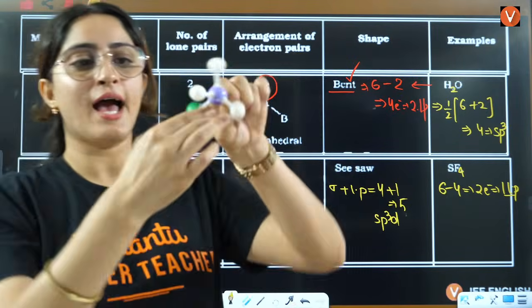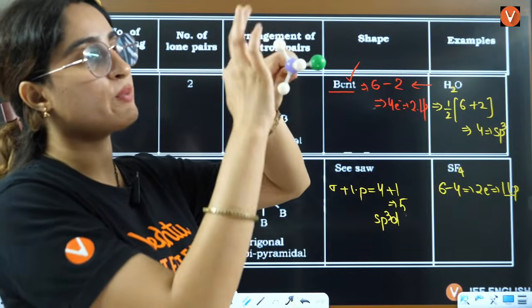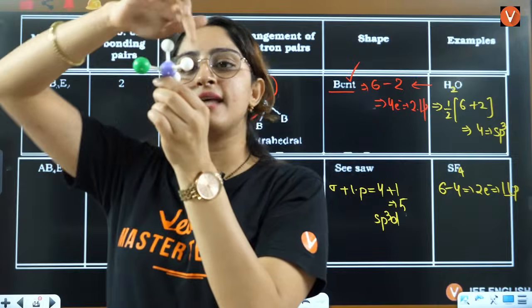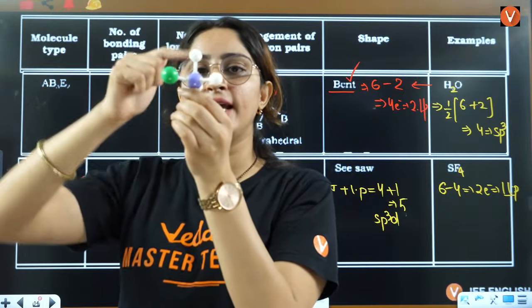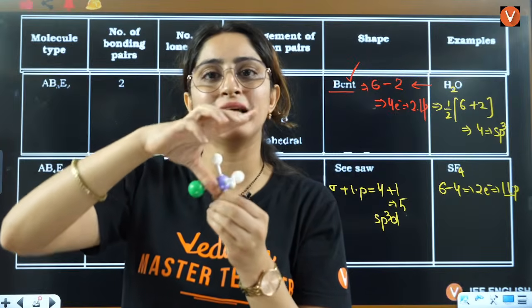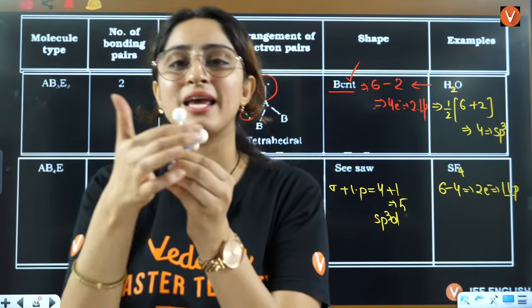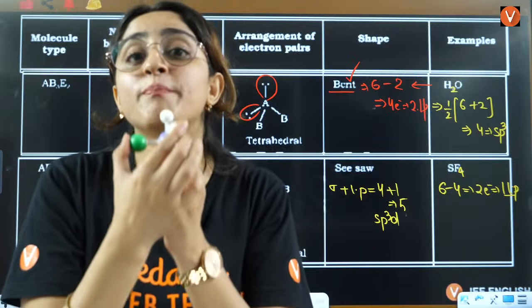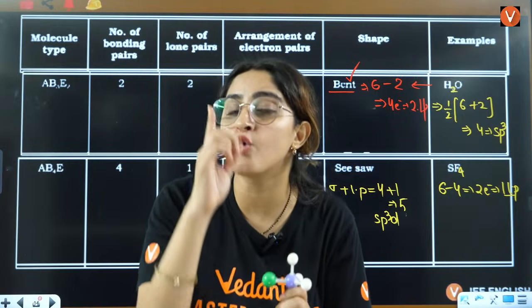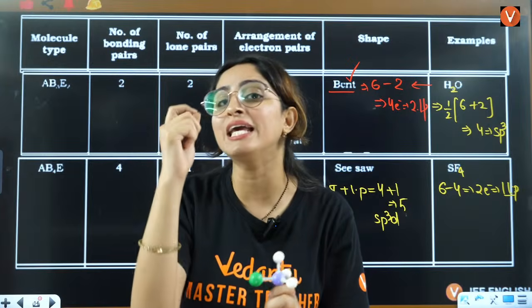This has 120 degree angles, while the axial positions have 90 degrees. So you're always going to have the lone pair on the equatorial position because they have more angle, repulsions will be less here, stability will be more.